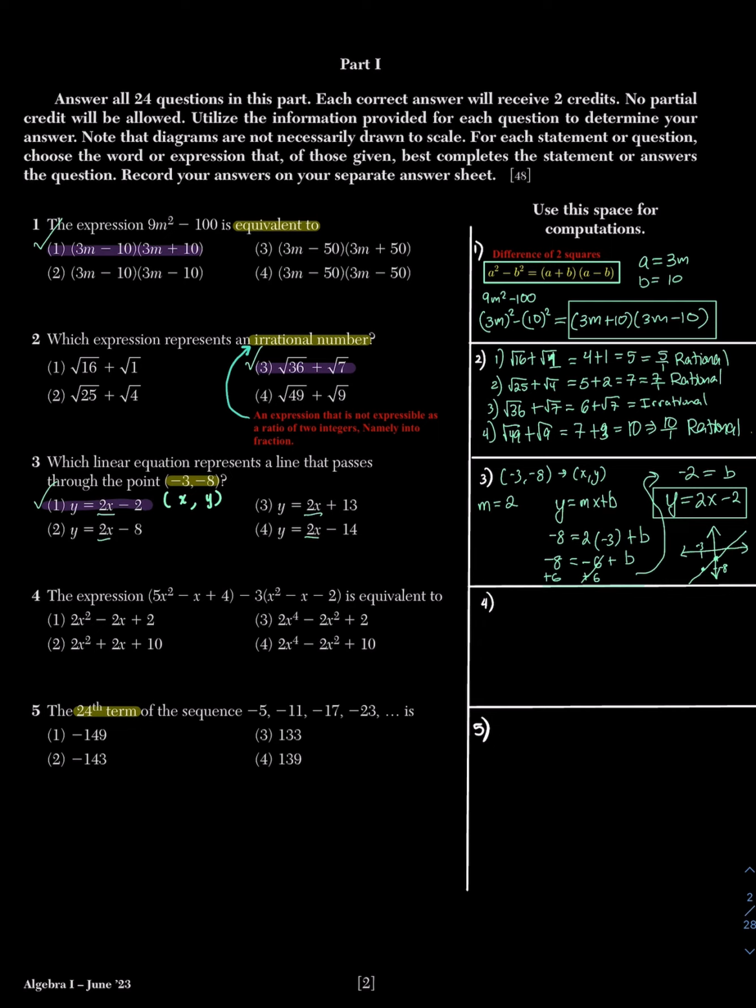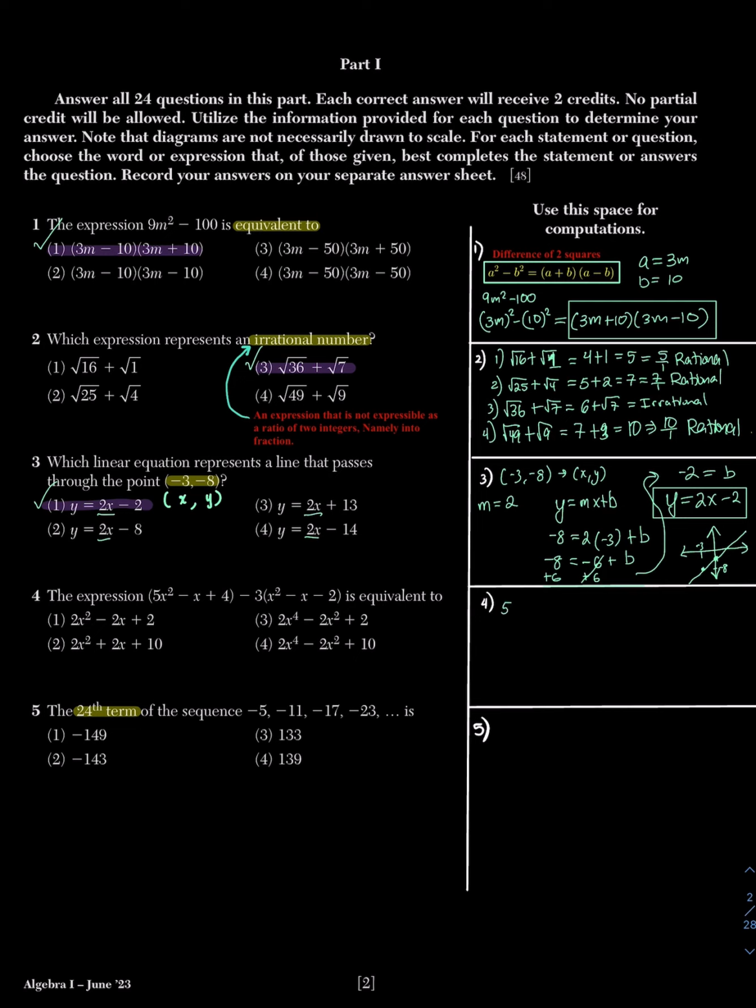Okay. Question number 4. The expression 5x squared minus x plus 4, minus 3 times (x squared minus x minus 2), is equivalent to which of the 4 choices here? The first thing you want to do is get rid of these parentheses. They're not needed in the first part, so let's rewrite them without them.